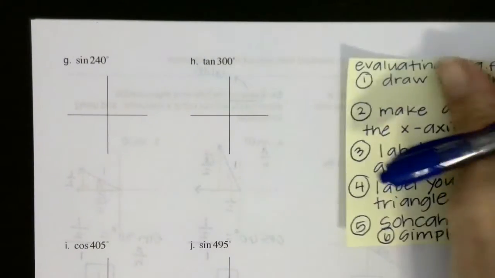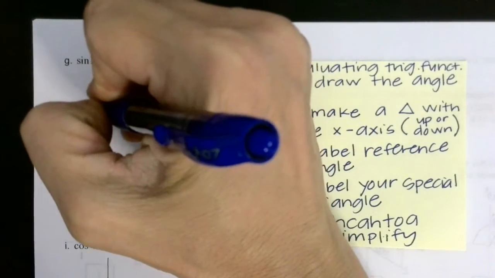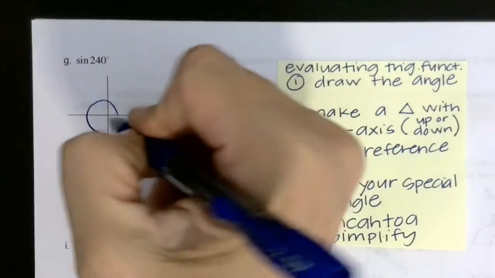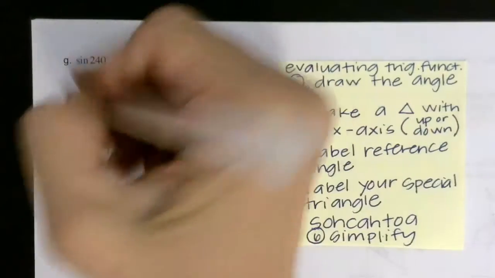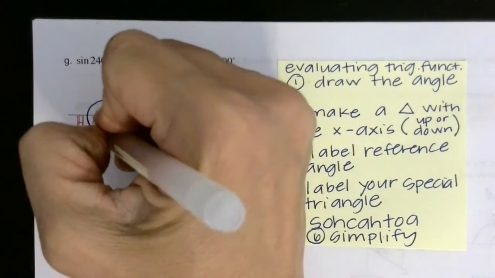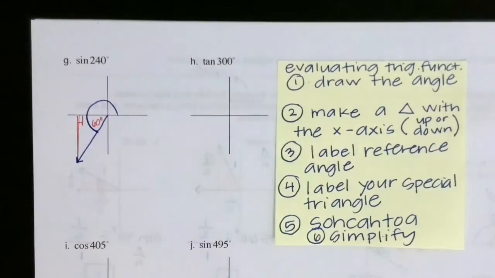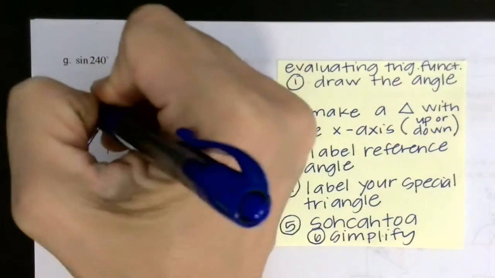So we have sine of 240 degrees, so we are going to draw the angle. 240 degrees is like down here. So it's going to be 60 degrees past 180. There's my right triangle, so that's 60 degrees. So then opposite that will be negative root 3 over 2.